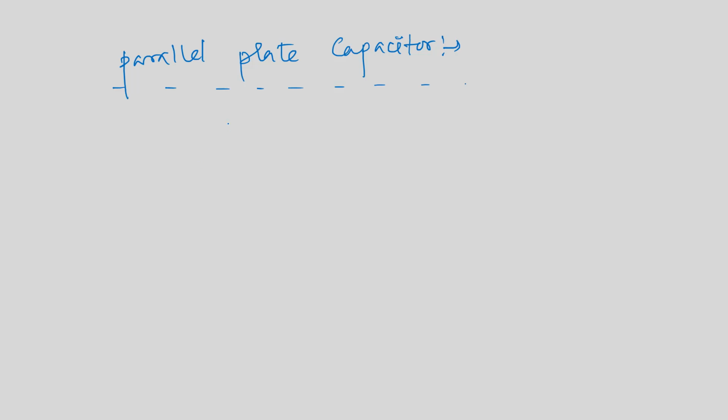So, if I make the diagram of a parallel plate capacitor, this is one of the plates and it is positively charged. I have given the positive charge to this conducting plate. And there is another plate, but initially that plate is connected with the ground, that means via the earth. So what will happen?